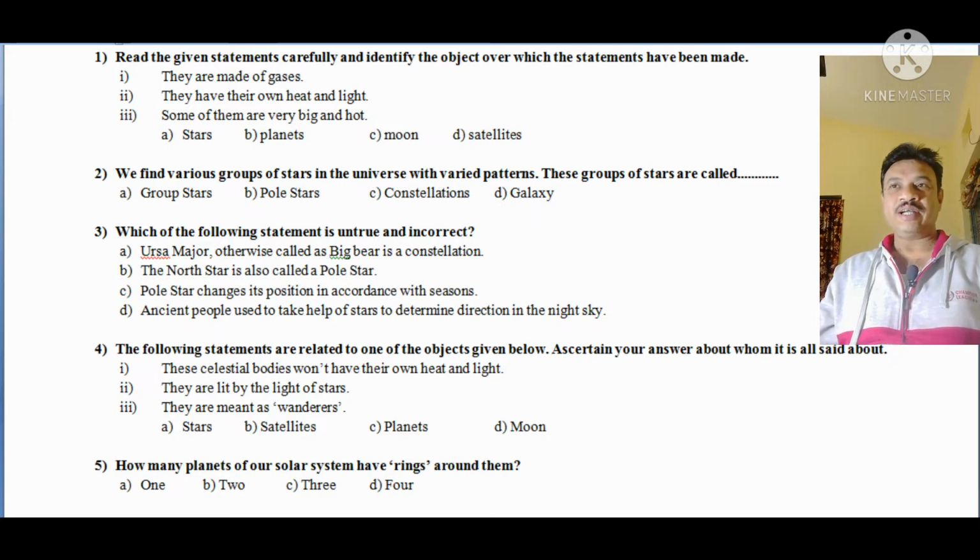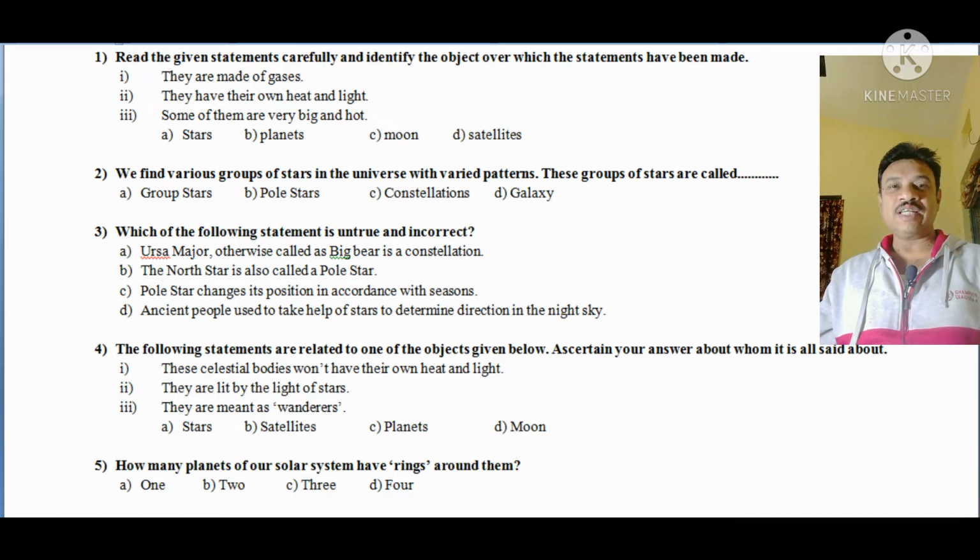And the second one: we find various groups of stars in the universe with many patterns. What is this group of stars called? Whether it is group stars, pole stars, constellations, or galaxy. Your answer should be constellations, because there is a narrow difference between constellation and galaxy. Galaxy in Greek means milky, since it seems very bright and milky or white, so it is termed galaxy.